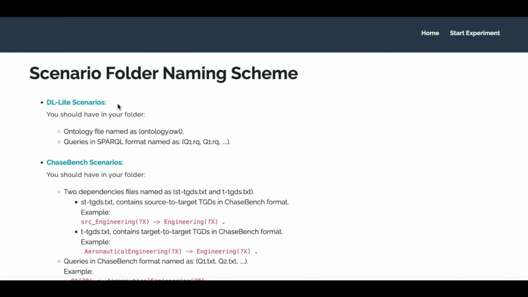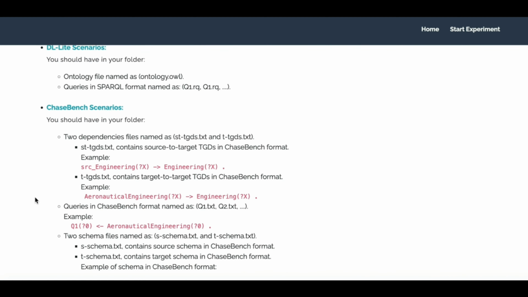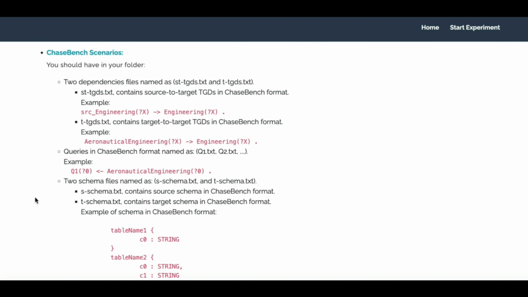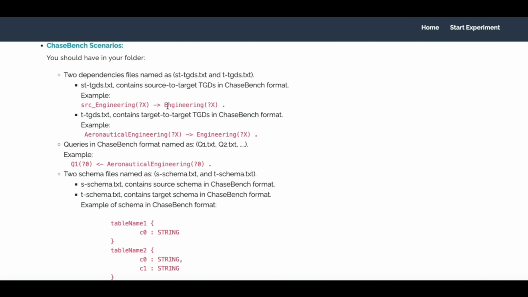A DL-Lite scenario requires an ontology file and SPARQL queries. A ChaseBench scenario requires two dependencies files, queries, and two schema files, all in ChaseBench format. The framework will automatically recognize the uploaded scenario type from the provided files.